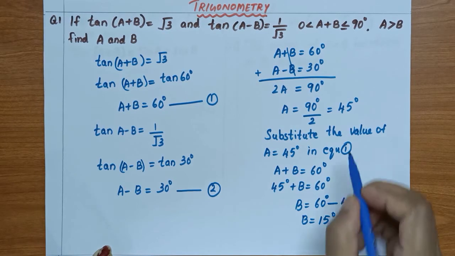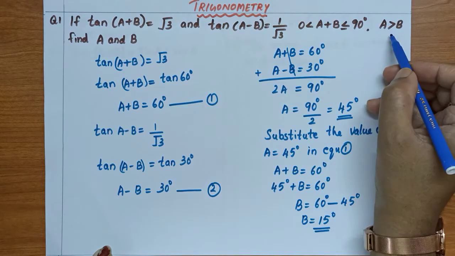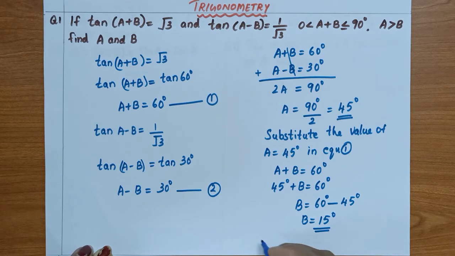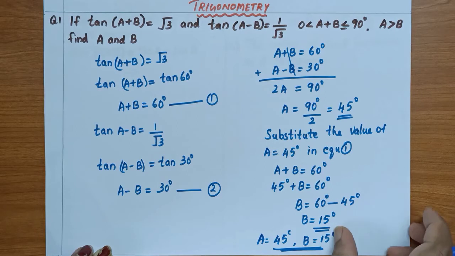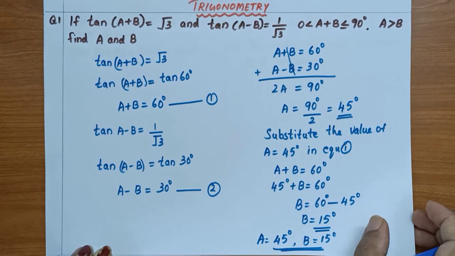The value of A is 45 degree and B is 15 degree, and it satisfies the given condition that A should be greater than B. So the values of A and B are 45 degree and 15 degree.